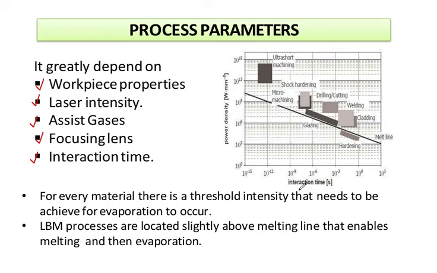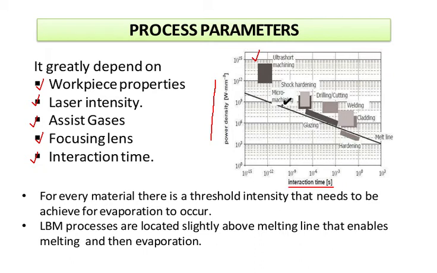Now just have a look. This is the interaction time, and this is the power density. You can see here so many things shown in a cube. If I go with ultra short machining, then you can see power density is high, but interaction time should be minimum.